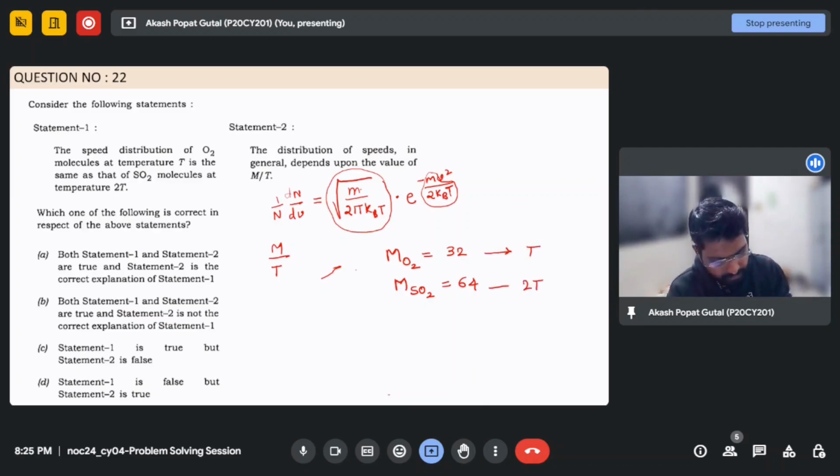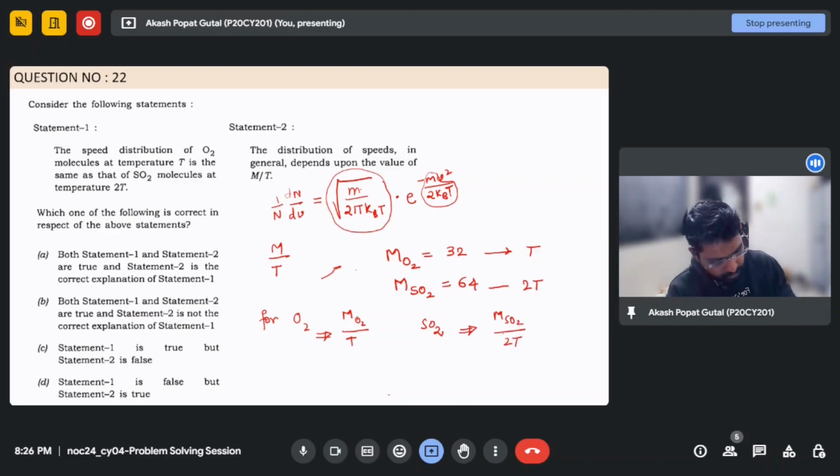So let's take the ratio. m by T for O2 is M_O2 by T, and for SO2 we can write M_SO2 by 2T.